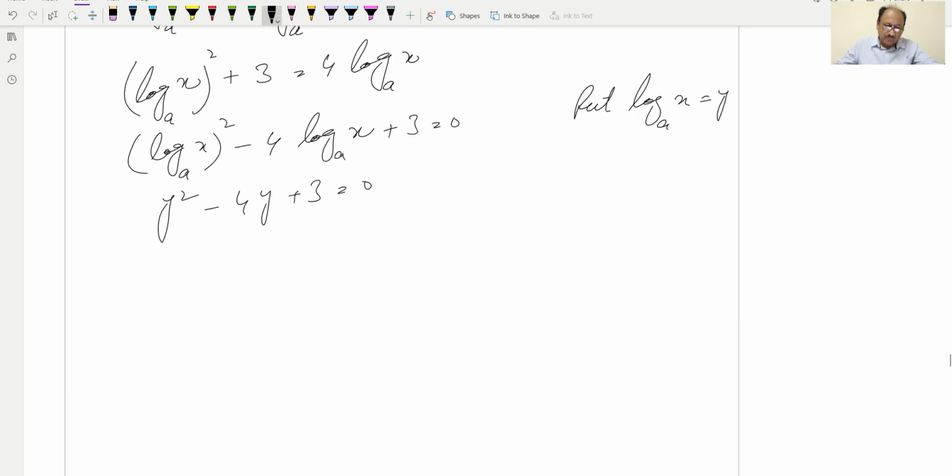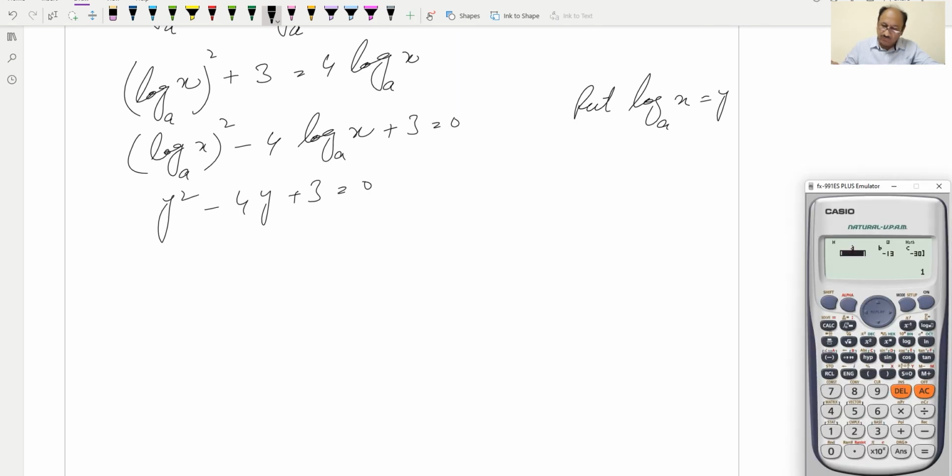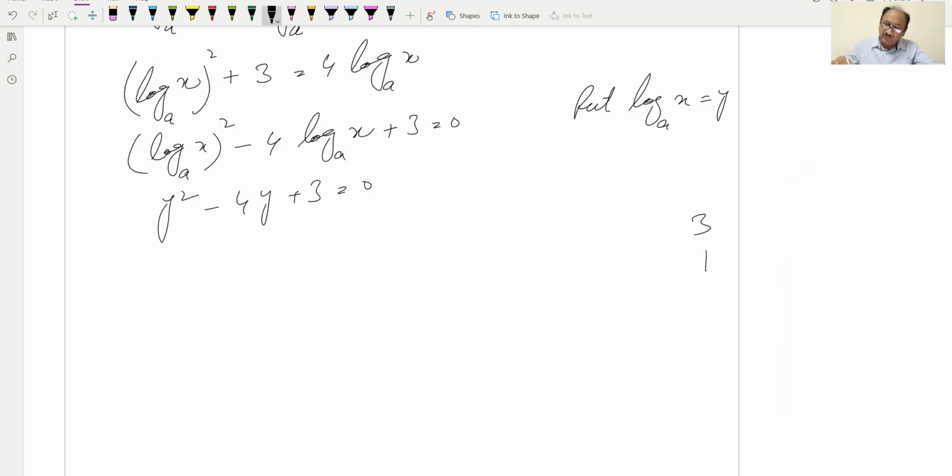Now this is a quadratic equation, so we can solve this. The coefficient of y square is 1, coefficient of y is minus 4, and the constant is 3. So this will be giving us 3 and 1, which change sign and use these numbers.